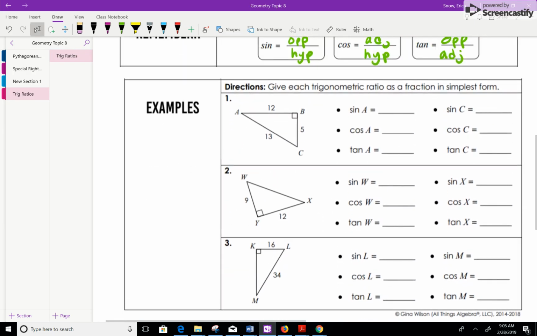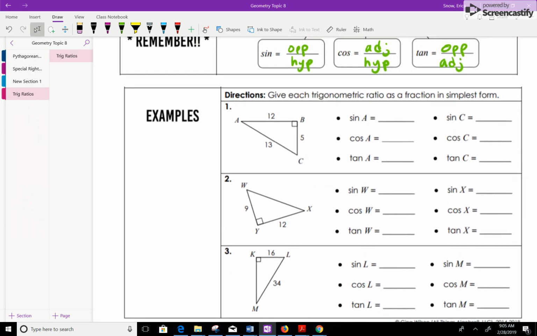Okay, so we're going to look at some examples of how to do this. So the first thing we need to do is draw fraction bars on everything because everything is that ratio. So they're all going to be fractions. Now, when we're looking at angle A, we're going to do this first column first.